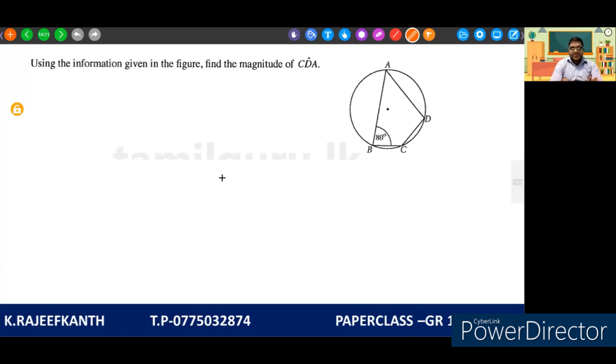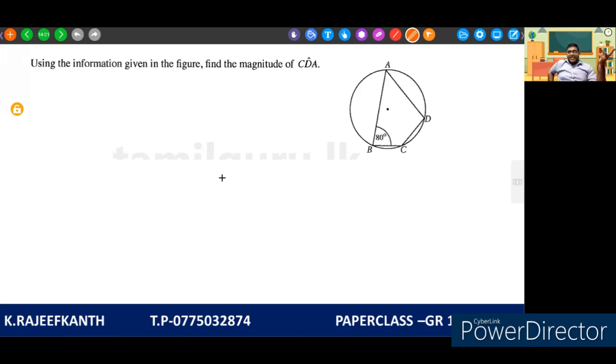So first you should understand what type of quadrilateral that is, because you have to consider the four vertices. Here the four vertices are on a circle. If the four vertices are on a circle, then that quadrilateral is a cyclic quadrilateral.